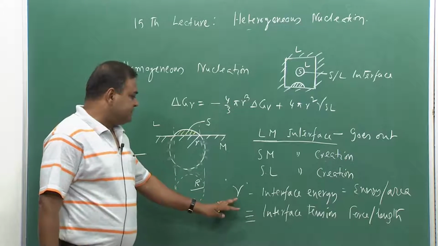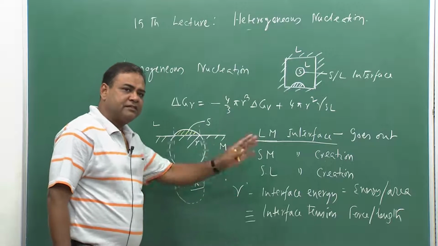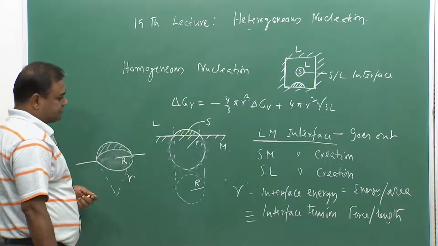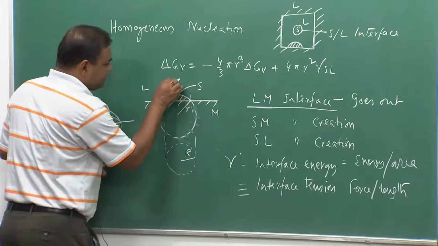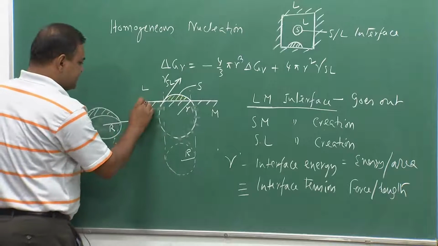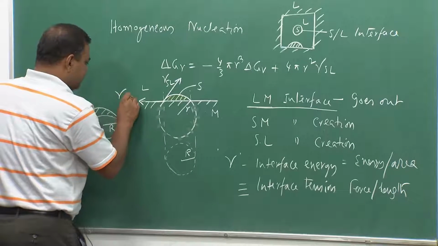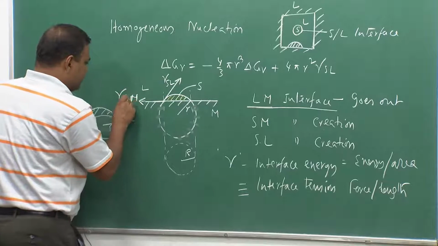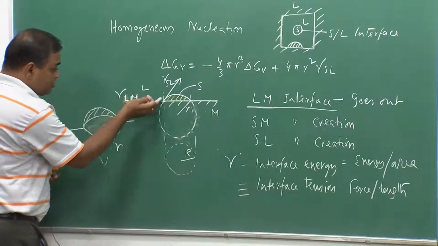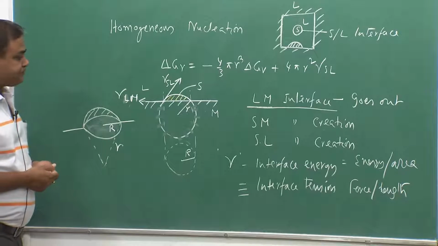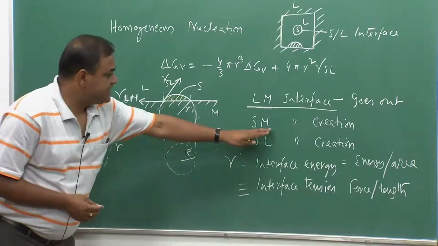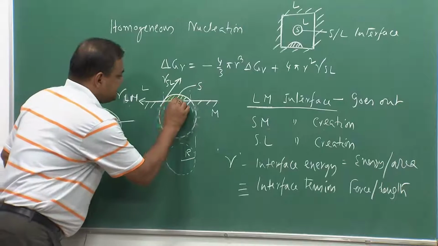Now, that means it has a directional nature. So, this particular force, gamma SL, is acting towards this way, and this is gamma LM. Though this interface is out in this zone, we have that interface here, and another interface, which is SM, which will be acting this way.